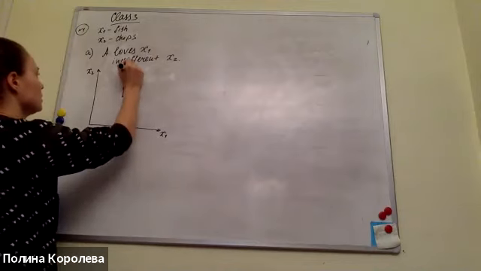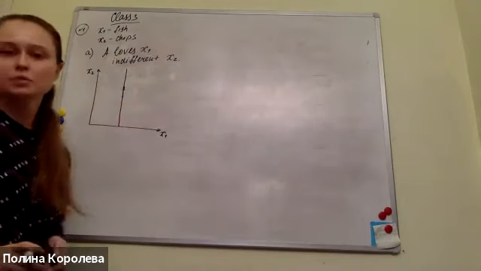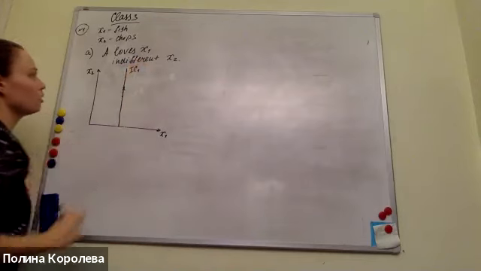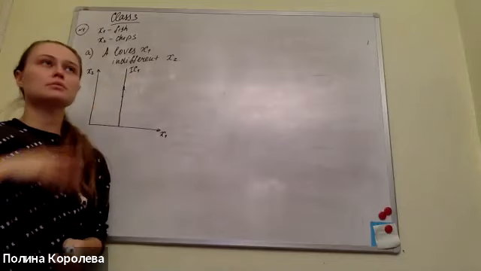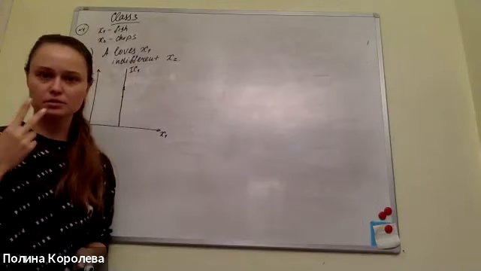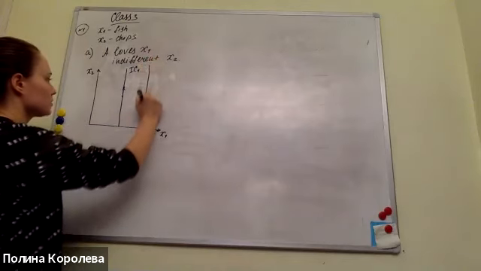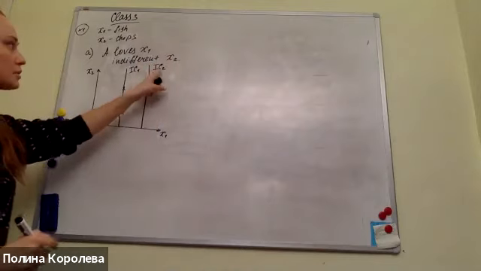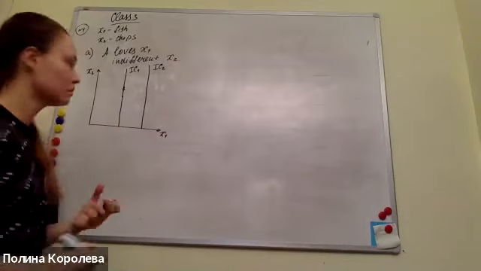And we understand that our indifference curves for such preferences will look like vertical lines. This is, for example, indifference curve 1. Always name the line. And we should show an indifference map, so at least 2 indifference curves. For example, this is indifference curve 2, which will give us a higher level of utility.